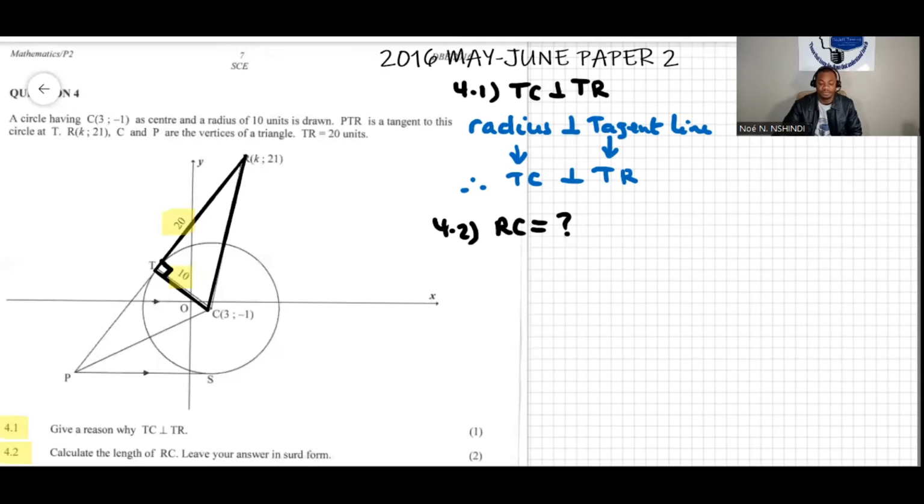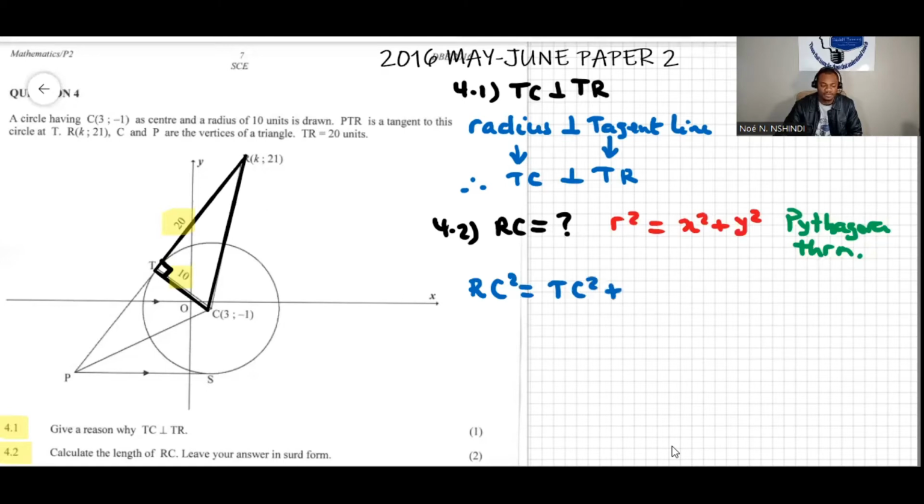So by using Pythagoras, Pythagoras says that r squared is equal to x squared plus y squared. This is the Pythagorean theorem. So in this situation, we can say RC squared will be equal to TC squared plus RT squared.